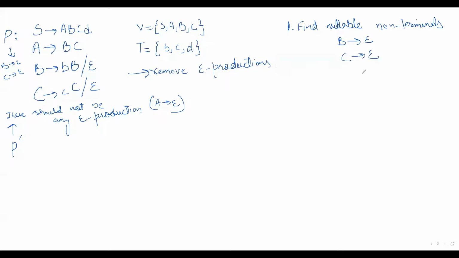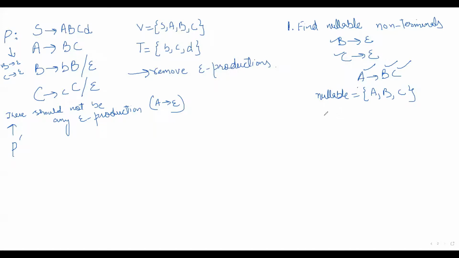Now you can see A gives BC. Since B is nullable and C is nullable, A is also nullable. So which are nullable here? In this grammar, the nullable ones are A, B, and C. These are nullable non-terminals.